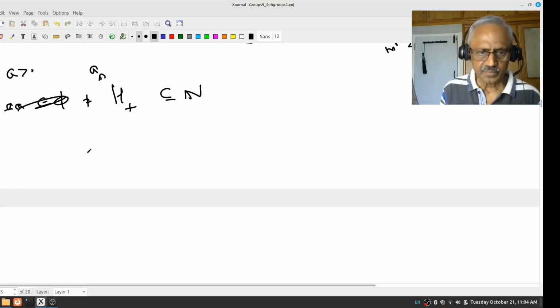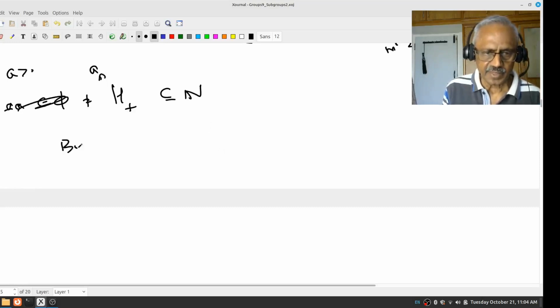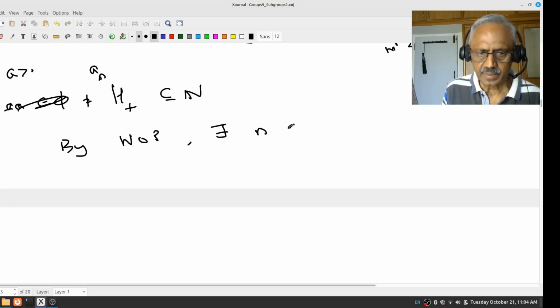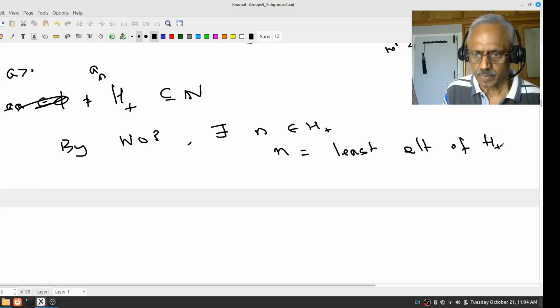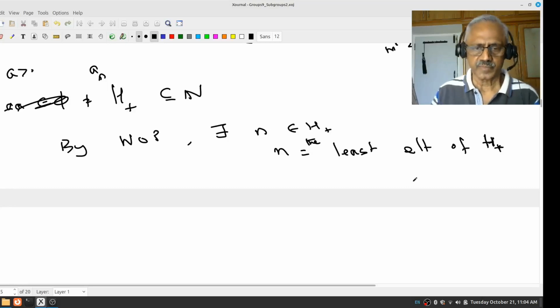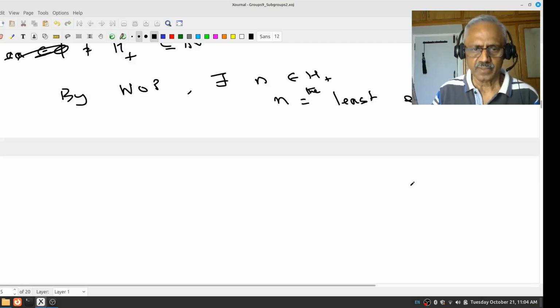Therefore, by the well ordering principle, there exists an n in H plus so that n is the least element of H plus. You agreed?